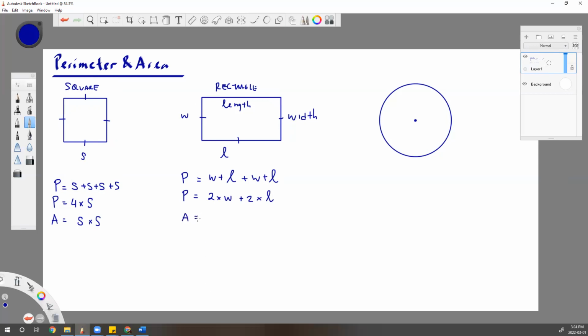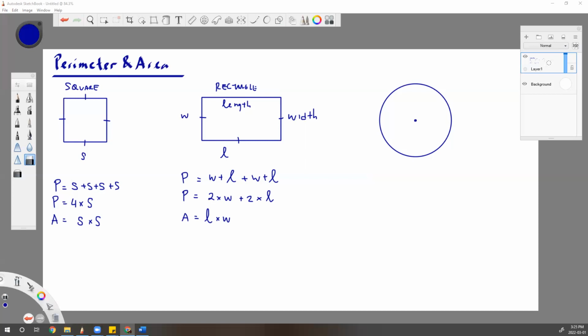And for the area, you just multiply the length and its width, or you use breadth. I don't know which one you use, but let's see what your book uses. Oh, length and width. It's the same. Okay, 2 times length plus 2 times width. That's for the perimeter and area.